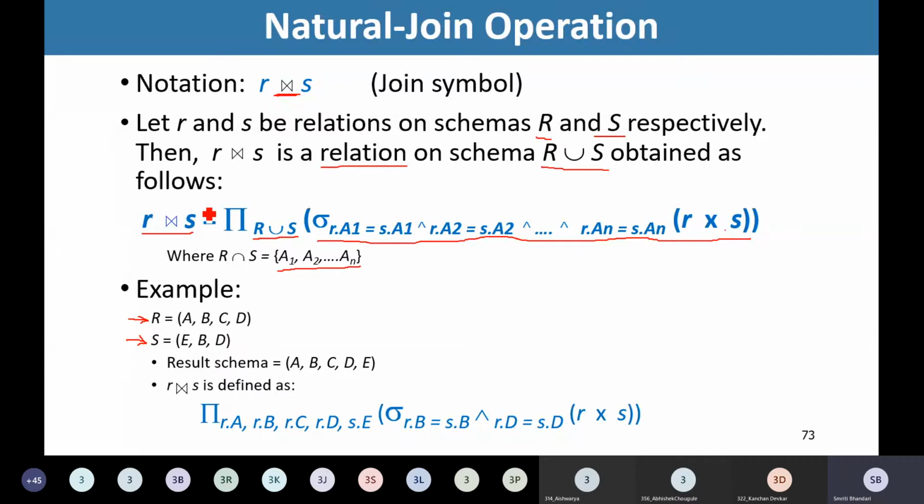So the operation should have the schema R union S. What is R union S in this example? Anybody? What would be the R union S schema?